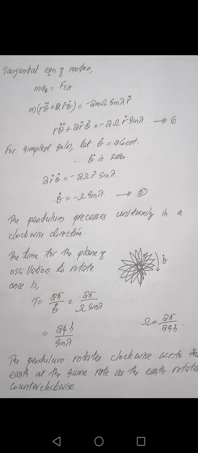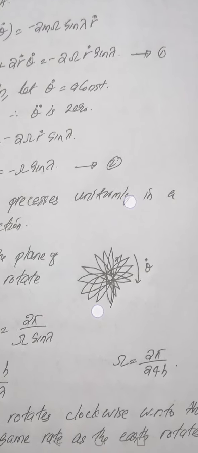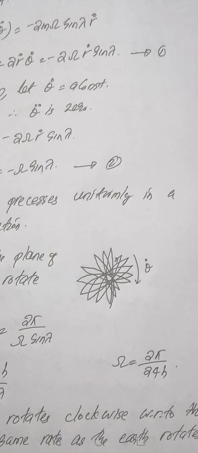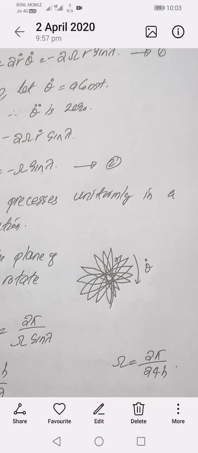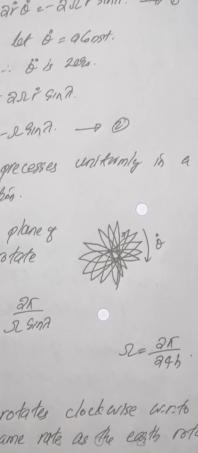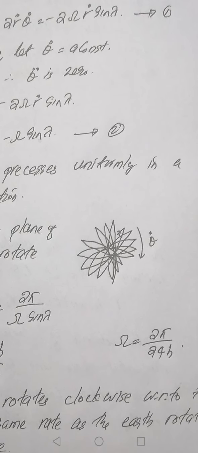We normally take counterclockwise as positive, so minus is the opposite, clockwise. I have shown this figure of how it precesses. It starts from here, goes there, then comes back, and moves like that, and so on. Theta dot is how theta moves.